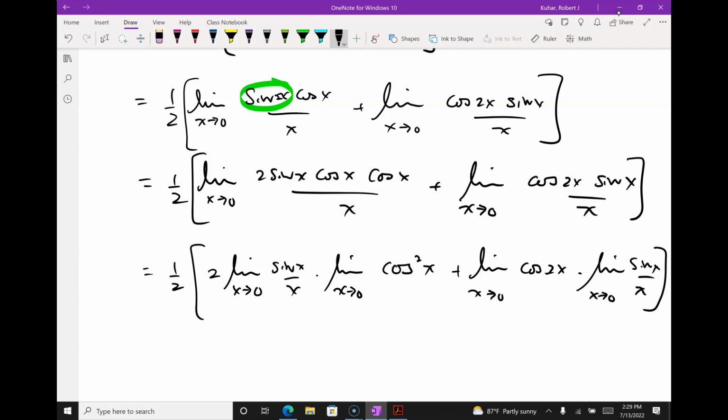You can see I've applied the limit to pieces that I know will work. I know this limit, 1. I know this limit, it's cos squared of 0, that's 1. I know this limit, it's cos of 2 times 0, that's cos of 0, that's 1. I know this limit, it's 1.